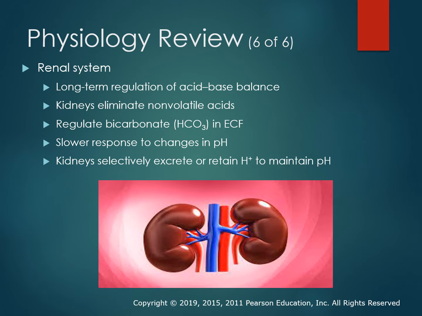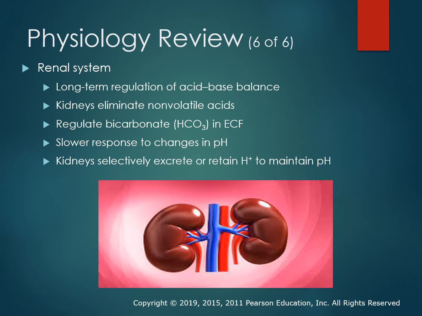The kidneys also regulate bicarbonate levels in extracellular fluid by regenerating or reabsorbing bicarbonate ions in the renal tubules. Although the kidneys respond more slowly to changes in pH, over hours to days, they can generate bicarbonate and selectively excrete or retain hydrogen ions as needed.